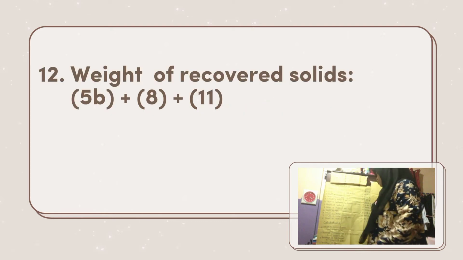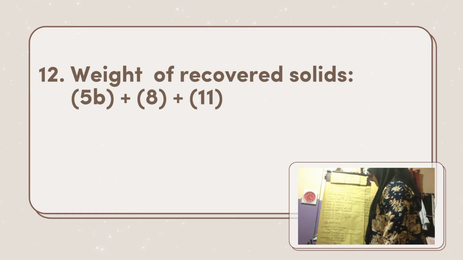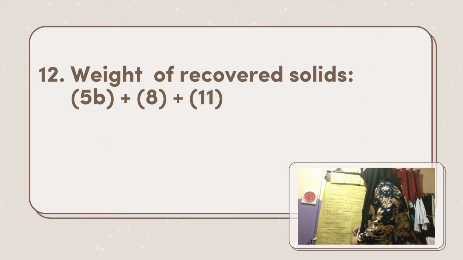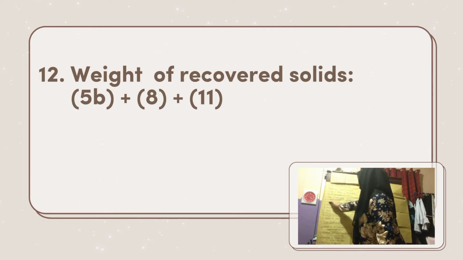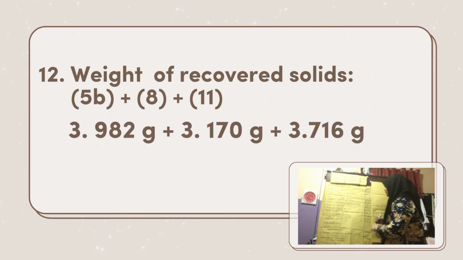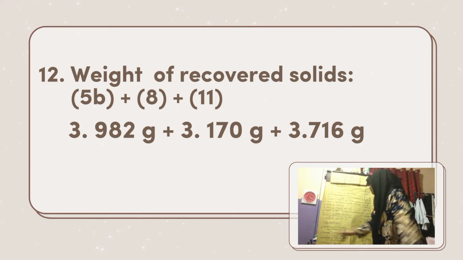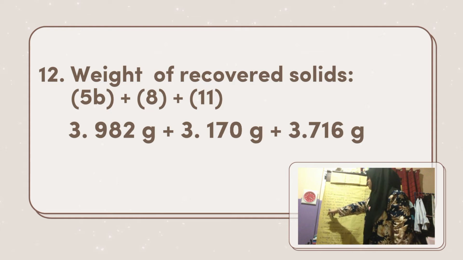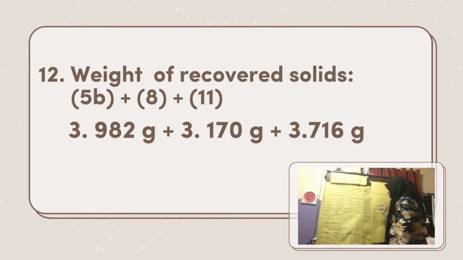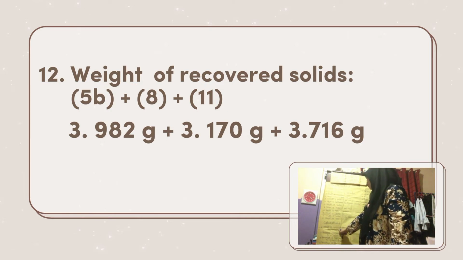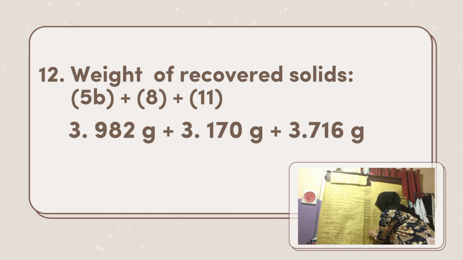For the weight of recovered solids, we have to substitute: 5B, which is 3.982 grams, plus number 8, the weight of sodium chloride, which is 3.170 grams, and then we add number 11, the weight of sand, 3.716 grams.